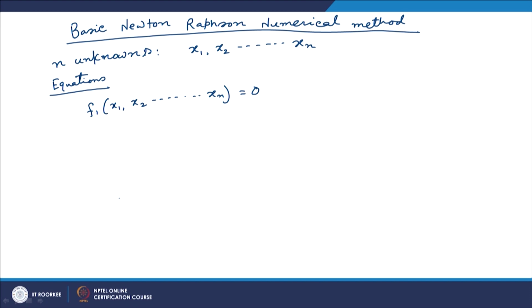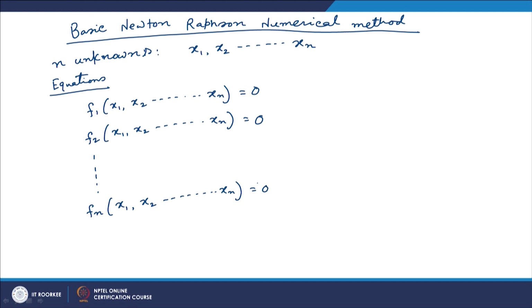This equation can have any form, and can have any number of terms of nonlinearity. It simply does not matter. The only restriction is that these are algebraic equations. That is all, nothing else. So, fn(x1, x2, ..., xn) = 0.